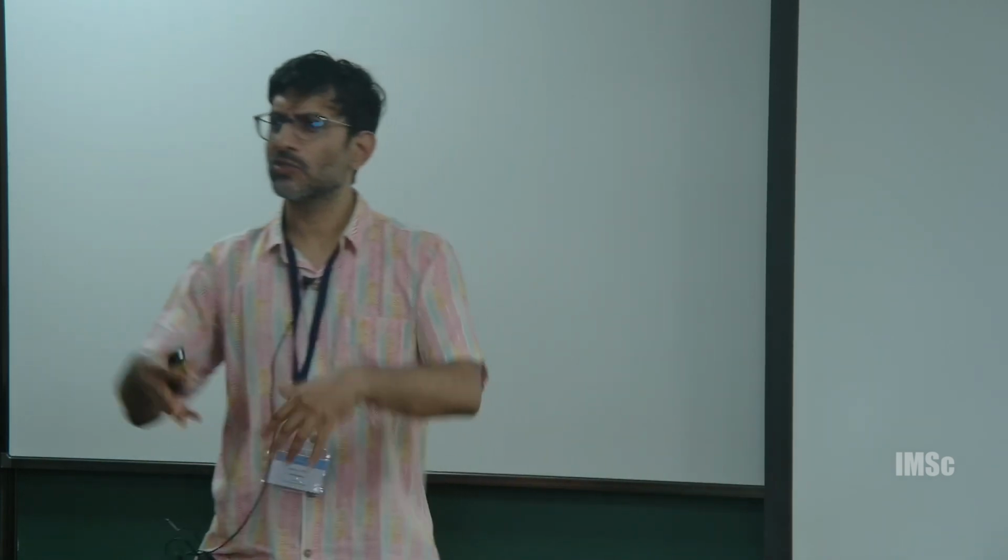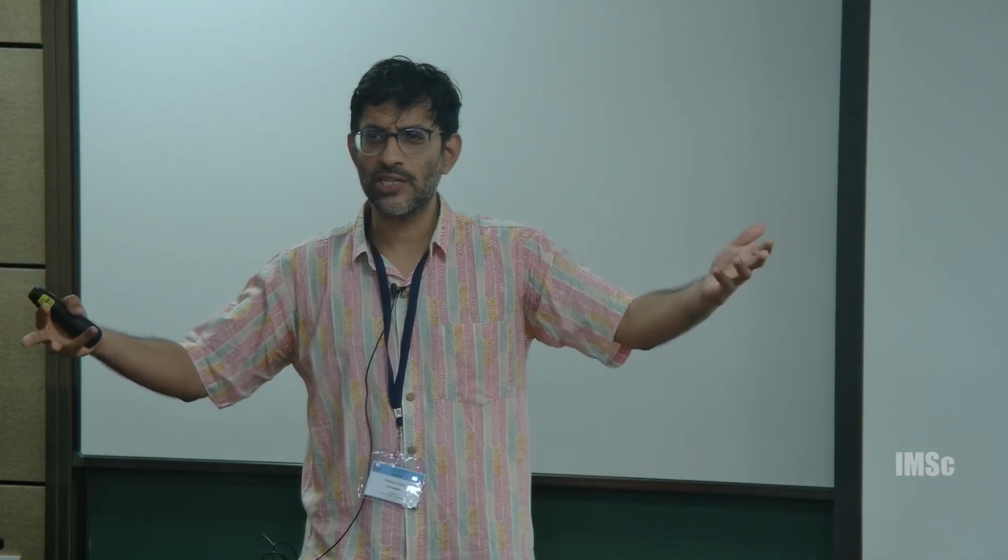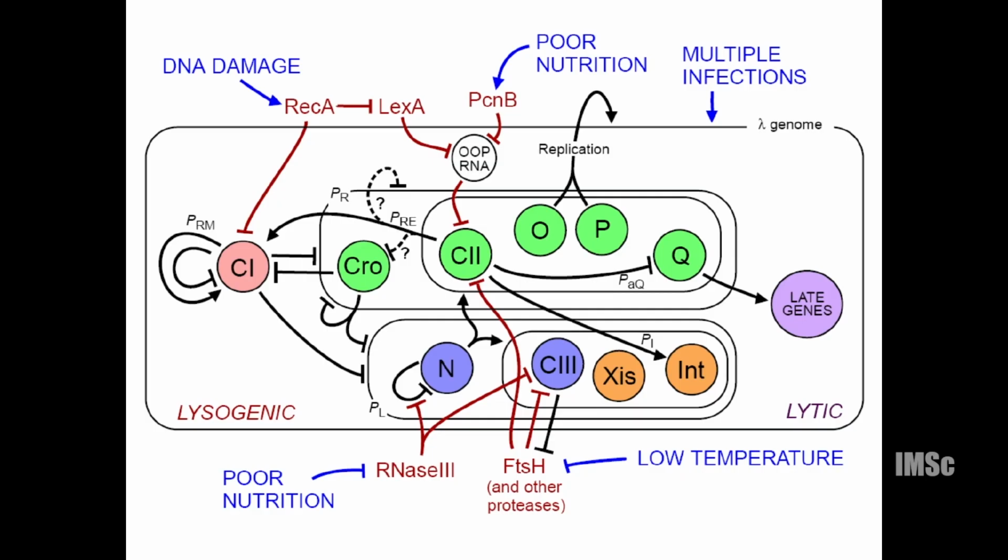When the bacterium is growing nicely and has plenty of food, again, it depends. In some situations when the bacterium is growing exponentially, it would be a great time to jump out, because then you'll have many more bacteria to infect and you're never going to run out. But in other cases, it might be good to stay in. So it's a complicated decision. And I just wanted to leave you with that.